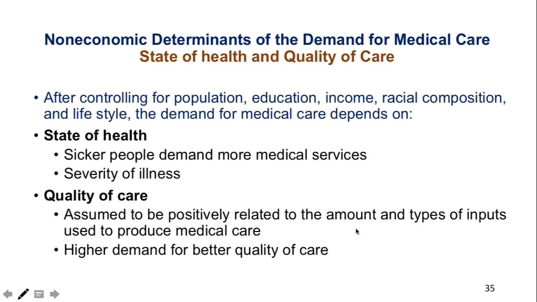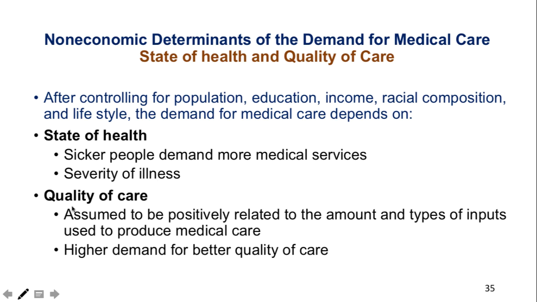Other non-economic determinants of demand for medical care are state of health and quality of care. It's very important to control for the state of health. Sicker people definitely demand more medical services than healthier people, and the severity of illness affects the demand for medical care.